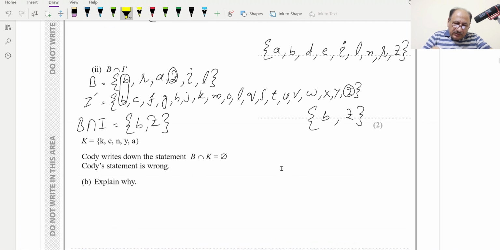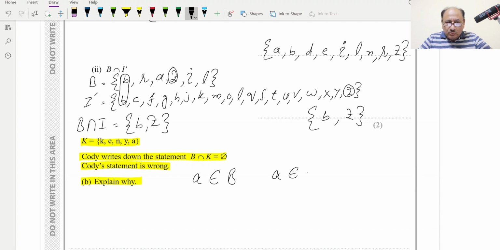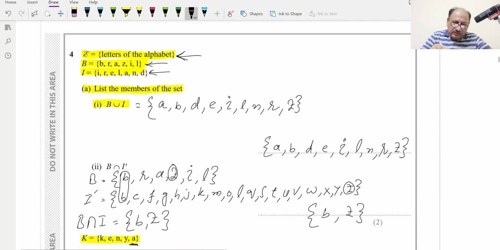Then they're saying K is equal to this one. Cody writes down the statement B intersection K is phi. Phi is the null set, you know. Cody's statement is wrong. Explain why. So we have to explain why it is wrong. We know that A belongs to B, or B contains A, and A also belongs to K. A is there, you can see this is A, and A is there in B as well, this one.